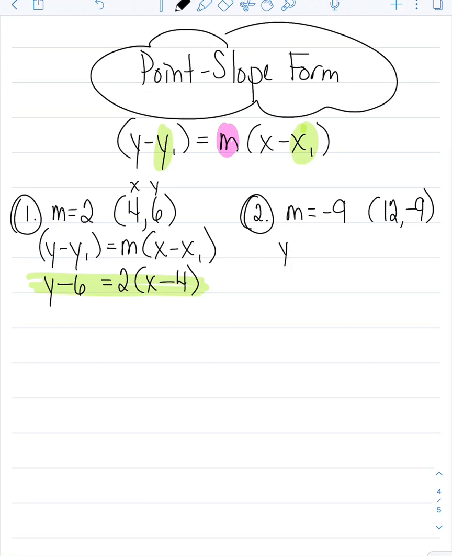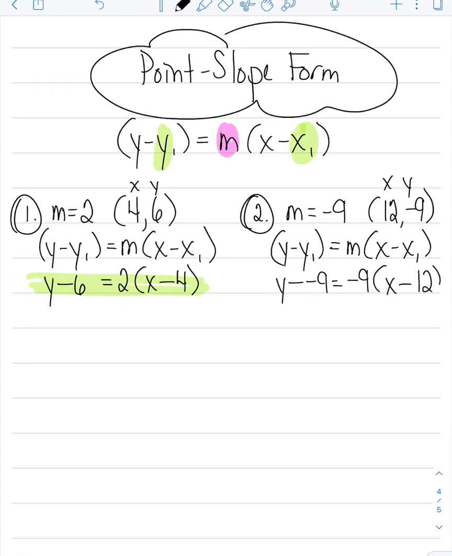So I write my form, y minus y sub 1 equals m times x minus x1. y minus, what is my y in my point? Well, it's -9. Can't drop any of the negatives. Equals, what's my slope? -9 times x minus, what is my x in my point? 12.